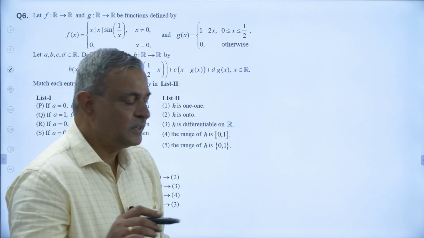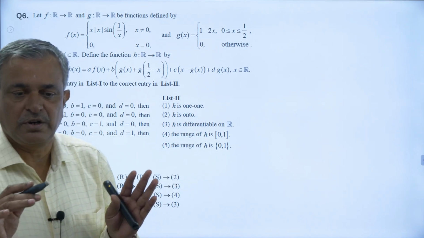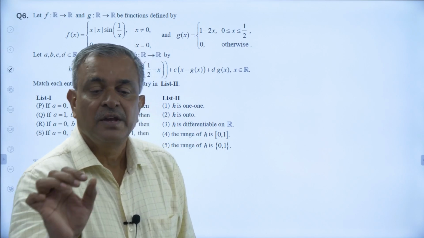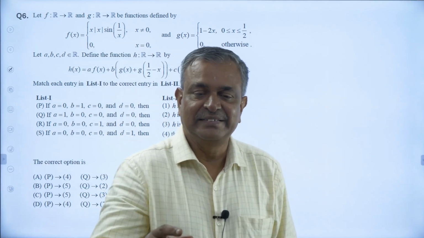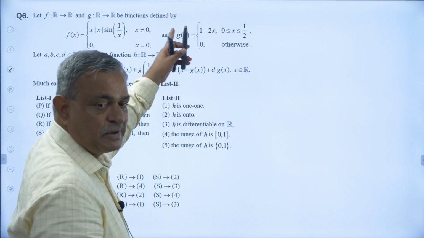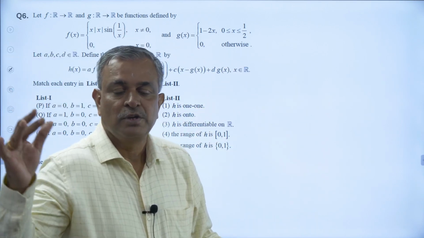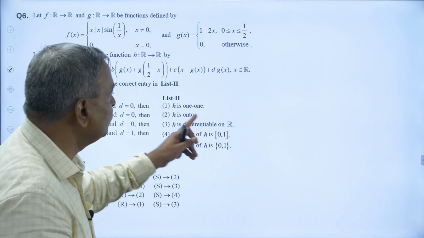So the best is what is given, that is the trick in this particular question. Whenever matrix matching questions are given, according to the condition, immediately we apply the condition and get the answer, rather than wasting time completely expanding this function, breaking it into mod x as minus x and plus x. It will take a lot of time. So you must be very careful.